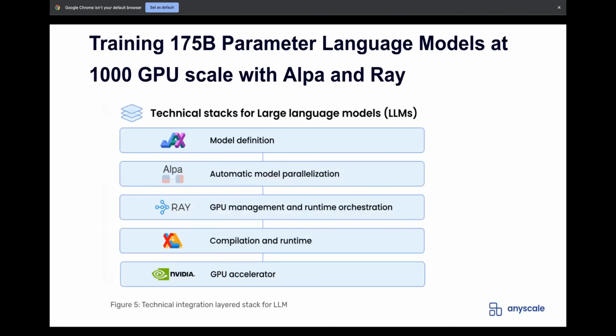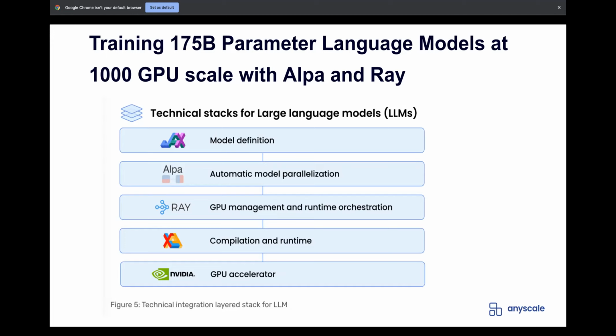One is really pushing the boundary of the state of the art. Here, one example is we just gave a joint talk with NVIDIA and the Berkeley Alpa team about using this stack: NVIDIA as hardware, JAX as a compilation layer, Ray as GPU management and runtime orchestration, and Alpa to divide the model, tell you the best model sharding and parallelism mechanism, and then define the model.